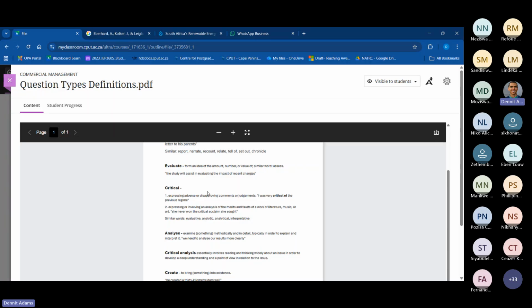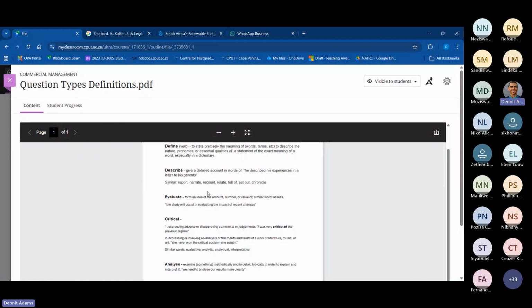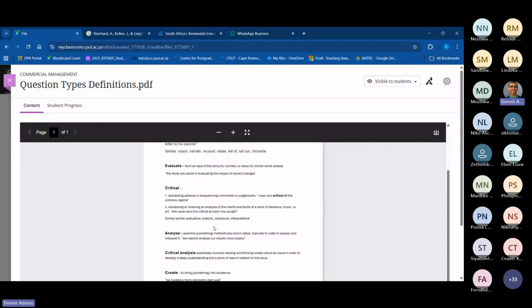Sometimes we go critically analyze, right? So you are on a postgraduate diploma, meaning you are in NQF level 8. There will be very few define and describe, or it would only be to give evidence to your case. So you would have to say it, but only as it relates to critically analyzing or being critical about it.